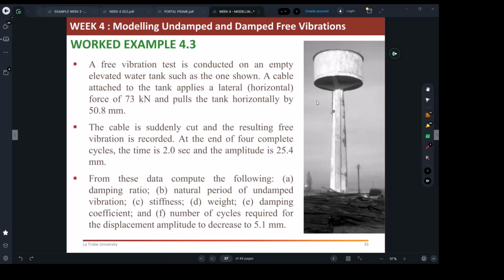And what they do there, as it's written here, is use a cable and attach it to the tank.